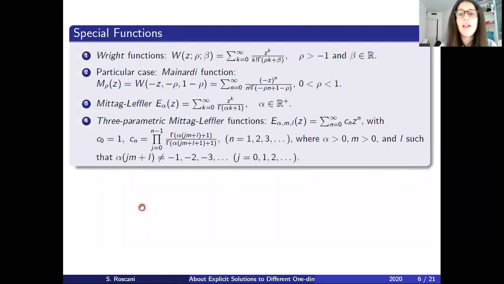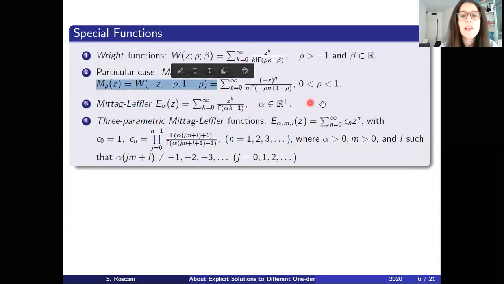But there are also other special functions whose fractional derivatives we know how to compute. Look at this. We have first and second. The first is the Wright function, written as a series, and a particular case which we call the M-Wright function, where these are special parameters.